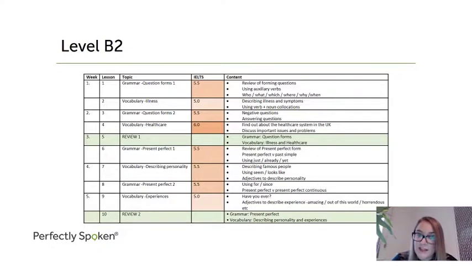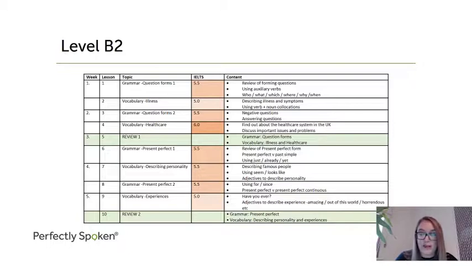So this fits in nicely because it also gives us the opportunity to practice the structures we'll have learned in the present perfect lessons. So we'll be thinking about have you ever, and we'll be increasing your vocabulary to be able to describe experiences. So again, this is a very useful vocabulary lesson because it's vocabulary that you need in your everyday life when you're talking about the experiences that you have.